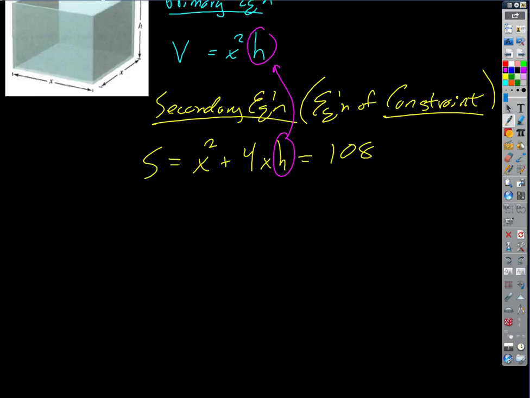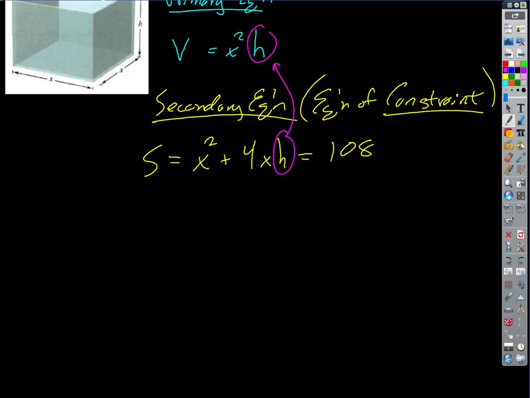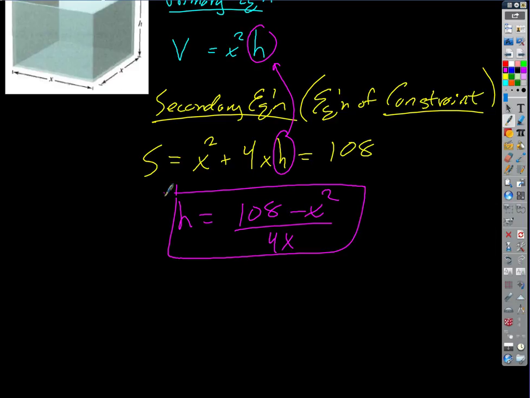So if I isolate h, what do I get? Okay, I'm going to subtract the x squared to this side and divide both sides by 4x. Okay, so let's put a box around it because that's my substitution equation, right?